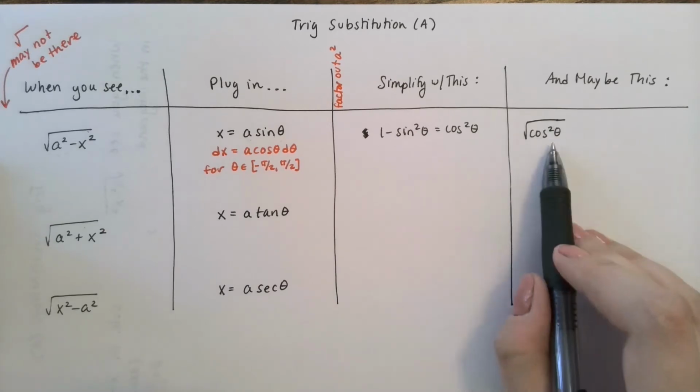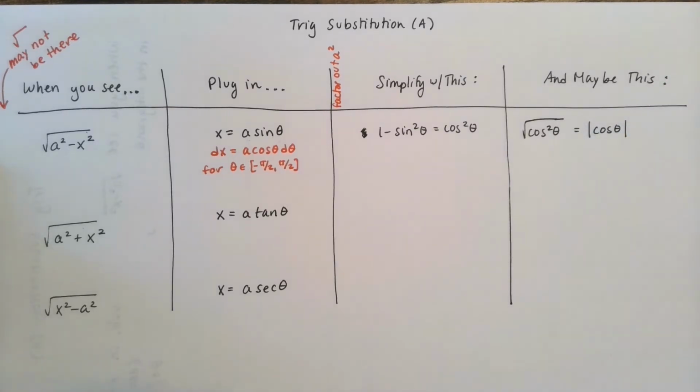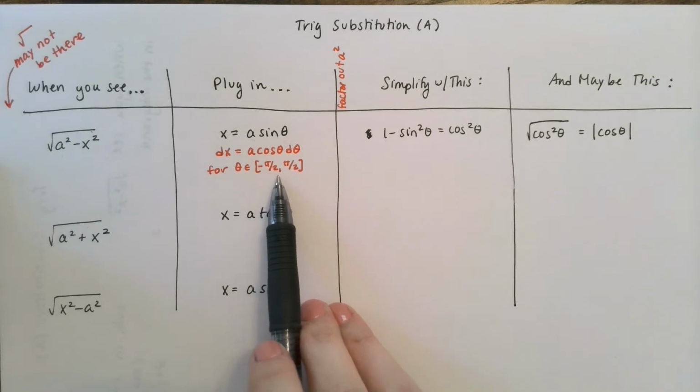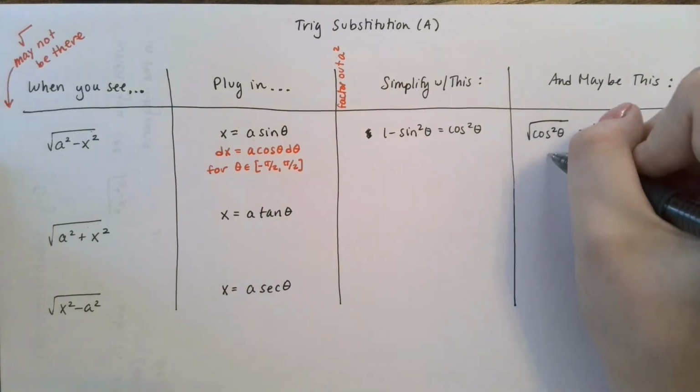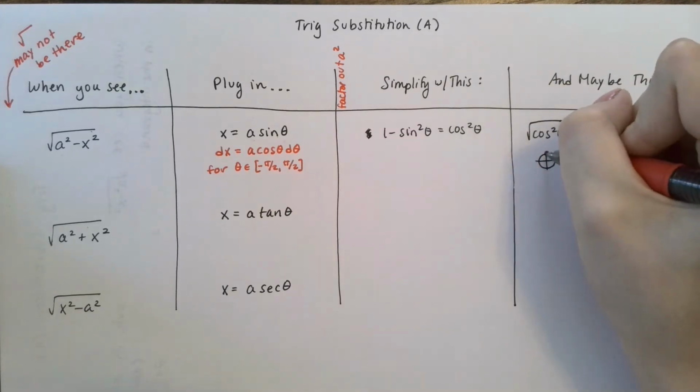The square root of something squared doesn't perfectly cancel. It would wipe out a minus sign if it were there. So we can't just say cosine, we'll say the absolute value of cosine. But if theta is between minus pi over 2 and positive pi over 2, we're talking about from here to here.